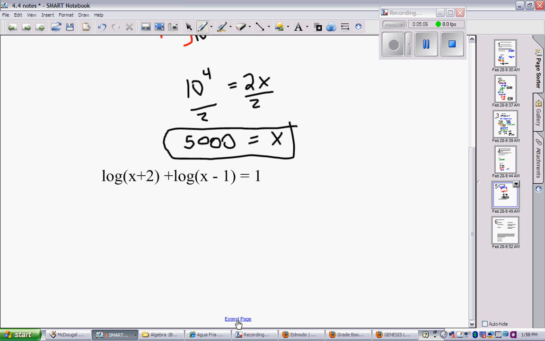Now we have log of x plus 2 plus log of x minus 1 equals 1. So we're taking the logs of two terms and they're adding, so we're going to go from expanded form to one term. So it's the log of x plus 2 times x minus 1.